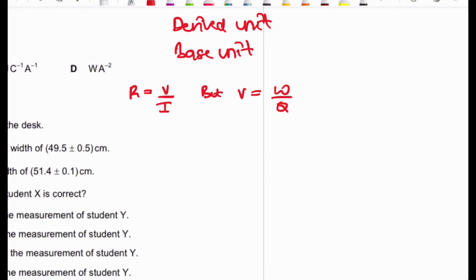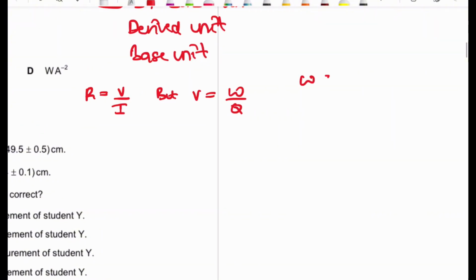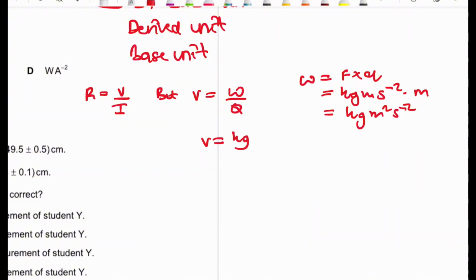Work done, or energy transferred, the units will basically be the same. We know that work done is equivalent to force times distance, and the units of force are kg m s to the power of -2, multiplied by m. That gives us kg m squared s to the power of -2. So the units of volt would therefore be kg m squared s to the power of -2 divided by Q. But Q is actually As, because it's current times time.